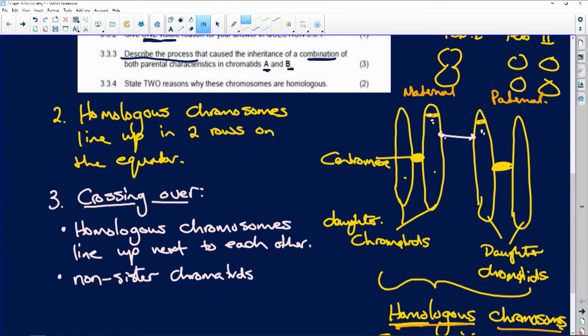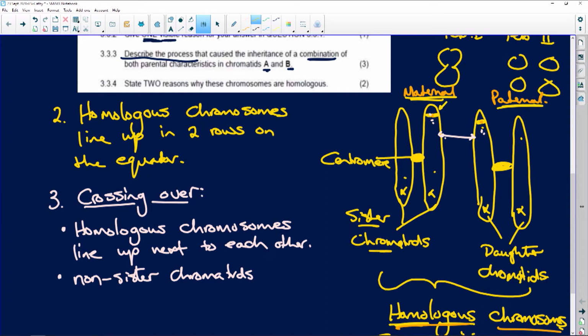Now remember, these are sister, sorry, not daughter. They're sister chromatids, okay? And you've got that's a sister chromatid in this one, and these 2 are sister chromatids. So sister chromatid, sister chromatid, sister chromatid, sister chromatid. The chromatids from this one, the maternal chromosome, and the sister chromatids from the paternal chromosome, they are different.